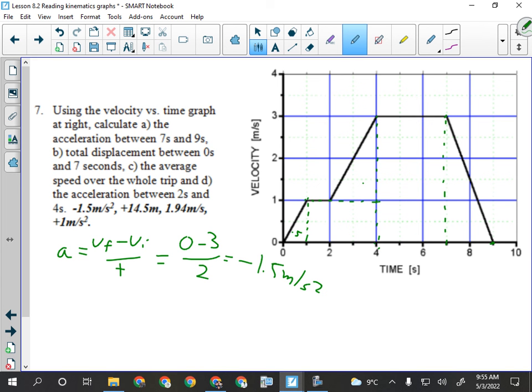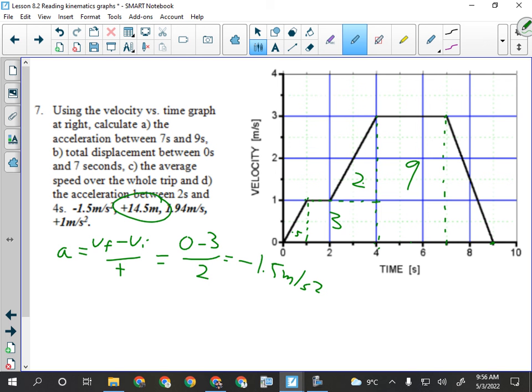This rectangle here, 1 times 3 is 3. This triangle here is 2 on the base and 2 high. 2 times 2 is 4, divided by 2 is 2. And this rectangle here is 3 on the base and 3 high. That's 9. So 11, 14.5. Positive 14.5 meters is our total displacement to 7 seconds.